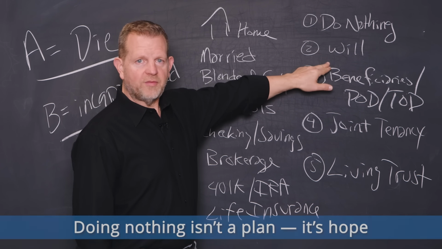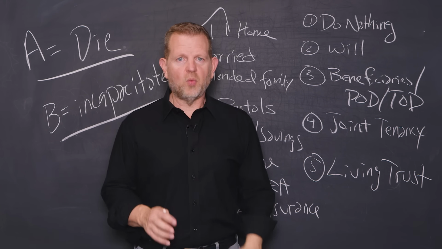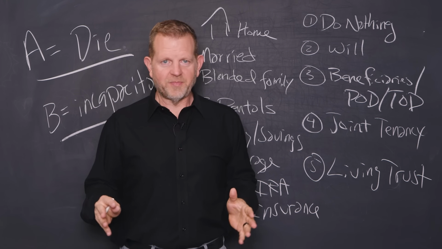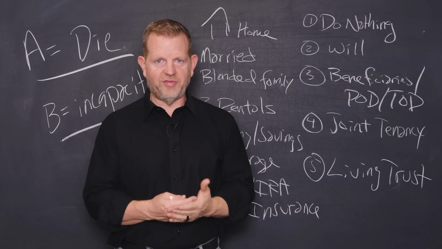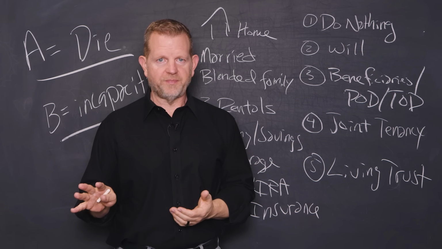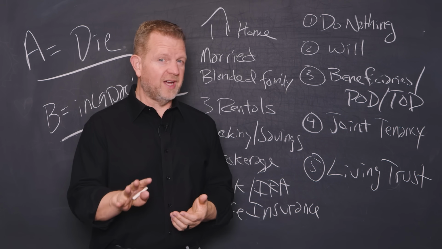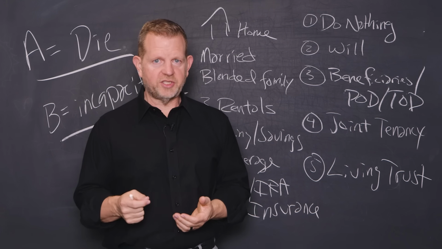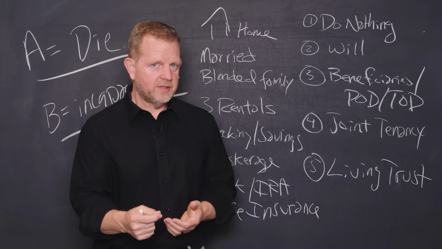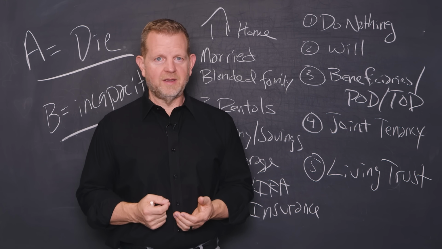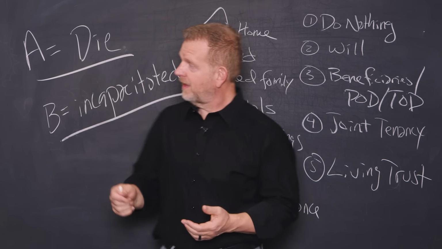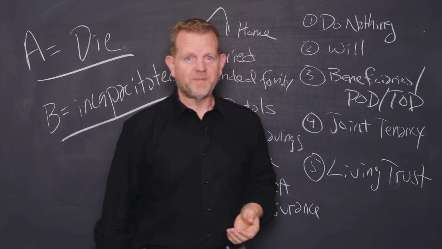We have a will only. And a will is better than nothing. But it's a common misunderstanding to think, I have a will so I'm covered. What a will does is give instructions to a court after you die. So event A, you die.